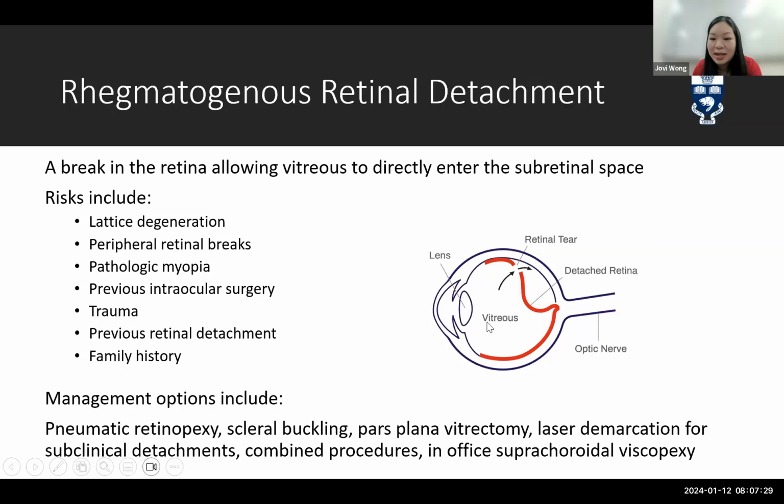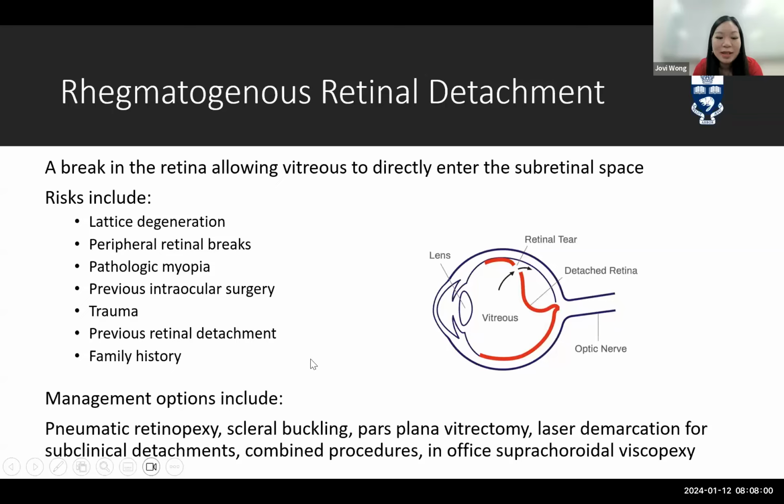In this schematic, you can see some liquefied vitreous entering this retinal break and then causing the detachment of the retina. And for the general ophthalmologist, some risks that we want to consider for retinal detachment include lattice degeneration, peripheral retinal breaks, pathological myopia, previous intraocular surgery, trauma, previous retinal detachment, and a family history of these problems.